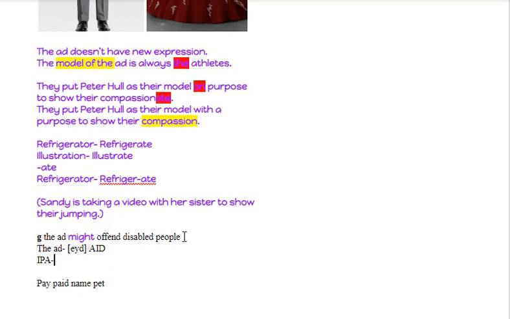IPA is the International Phonetic Alphabet, like schwa sound, long E, short E, right?